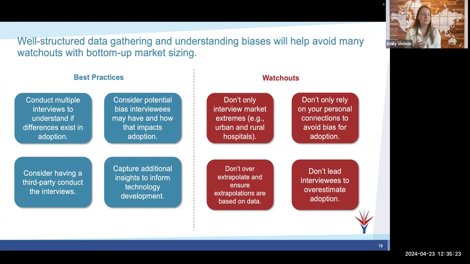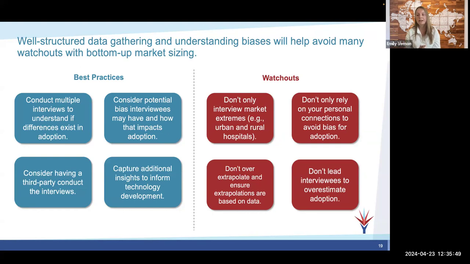So as I mentioned, you do want to conduct multiple interviews, especially in that first determination of your SOM, that small piece of the prize that you can realistically capture. You want to understand if there's potential bias in your interviews, right? And account for that prematurely and be proactive about that. You want to make sure that you're not letting extremes skew your data, right?